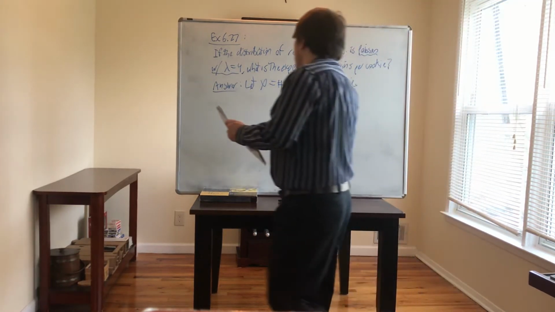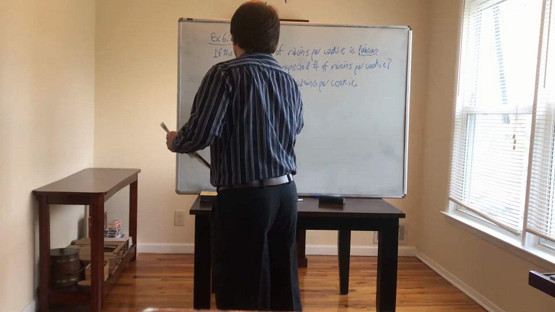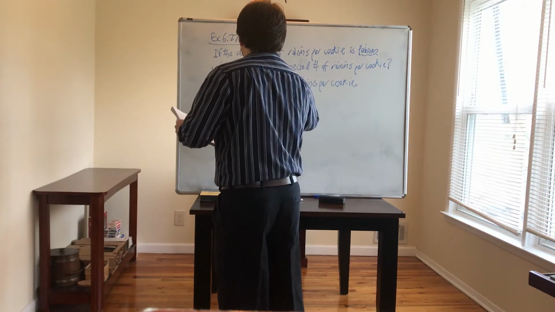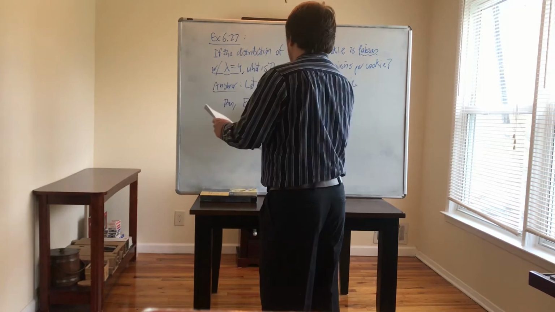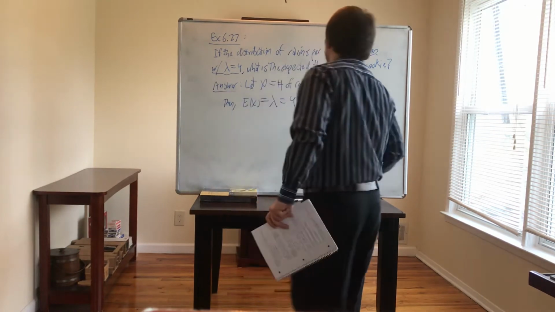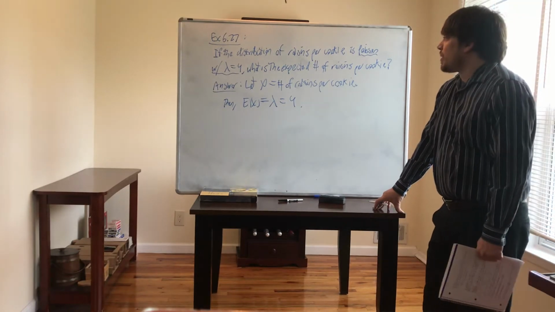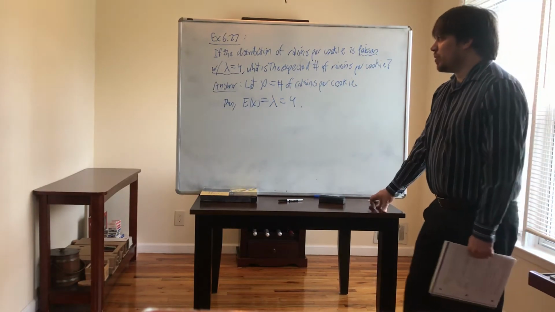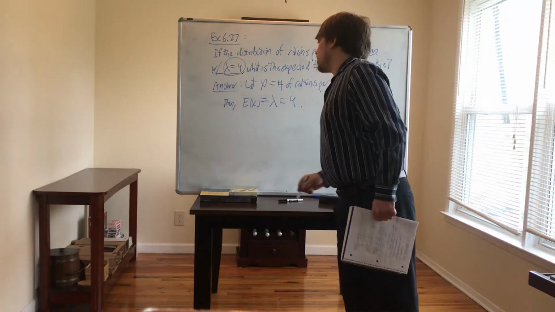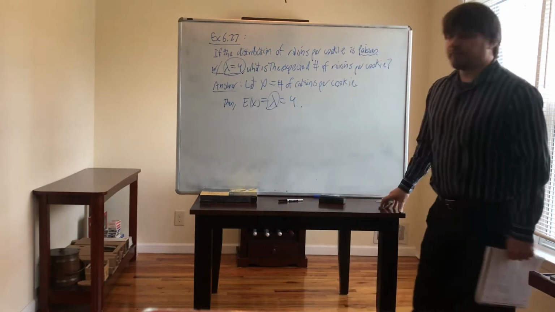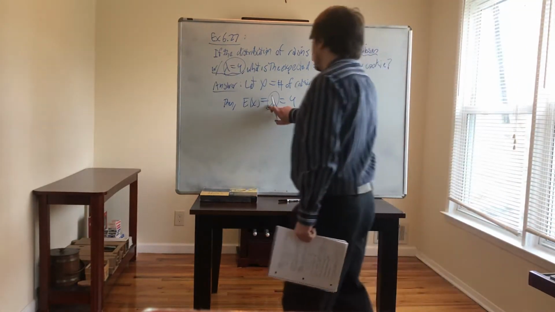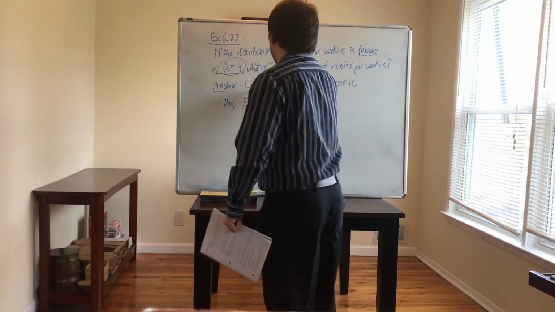Then E of X is equal to lambda, which is 4. So if you have a Poisson random variable with a value for lambda, then the expected value is just lambda.